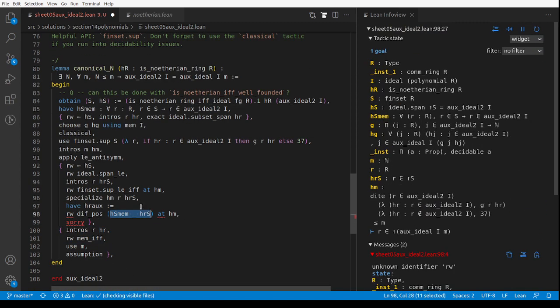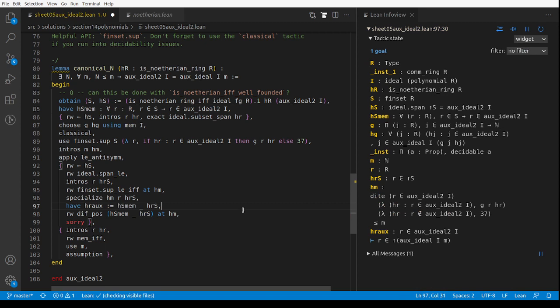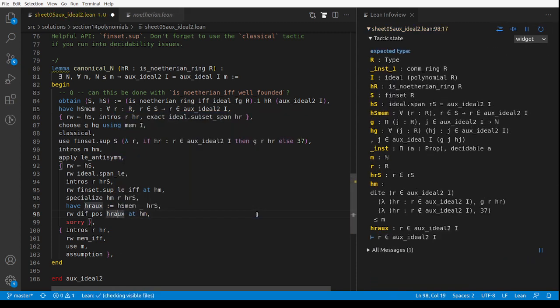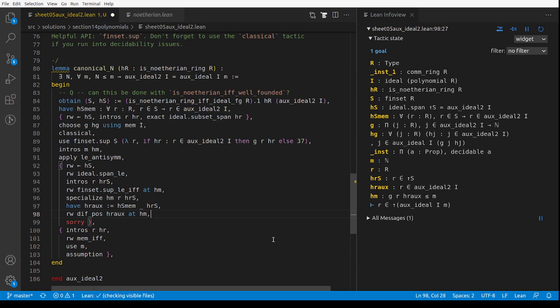We may as well just make a little lemma out of this. HR_orcs, R is in that thing there. And so now we can use HR_orcs here. And oh, there we go. It's easier to read now as well. And now you see HG, we can specialize HG.